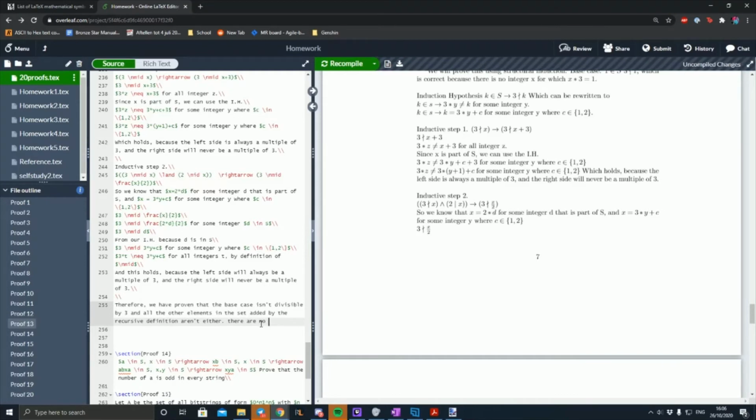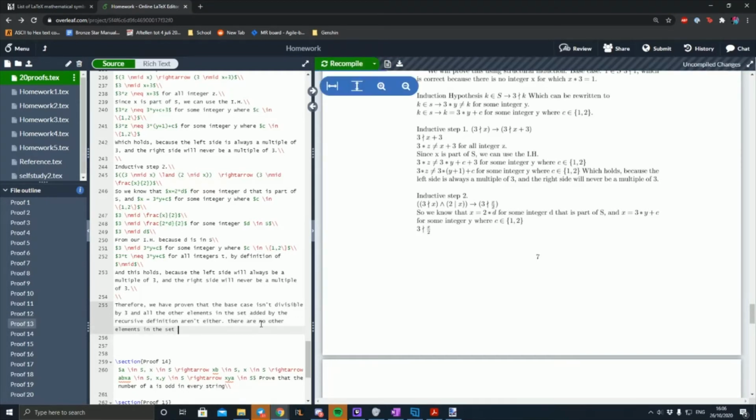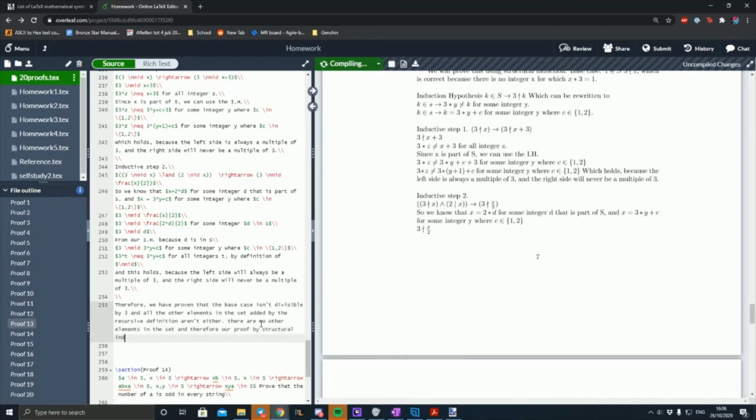There are no other elements in the set, and therefore our proof by structural induction is complete.